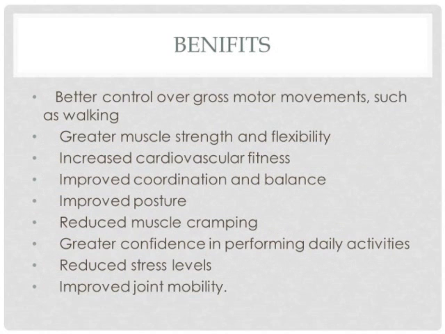Benefits of regular exercise for a person with Parkinson's disease can include better control over gross motor movements, such as walking, greater muscle strength and flexibility, increased cardiovascular fitness, improved coordination and balance, improved posture, reduced muscle cramping, greater confidence in performing daily activities, reduced stress levels, and improved joint mobility.